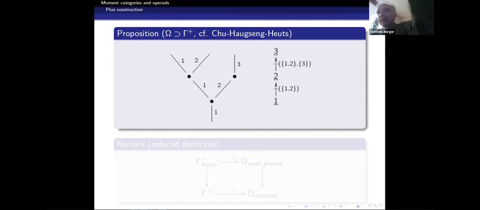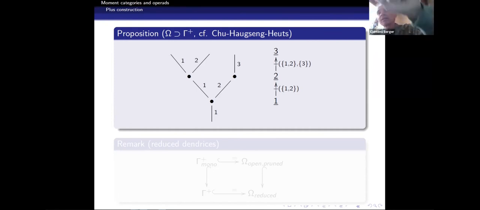So you have a two chain of surjections, which gives you this tree. But you see, this tree is very special. It is what is called an open tree, because there are no stumps, and it is pruned.